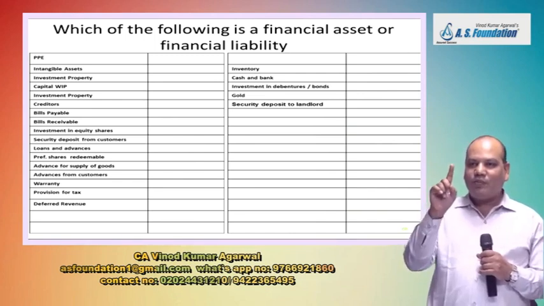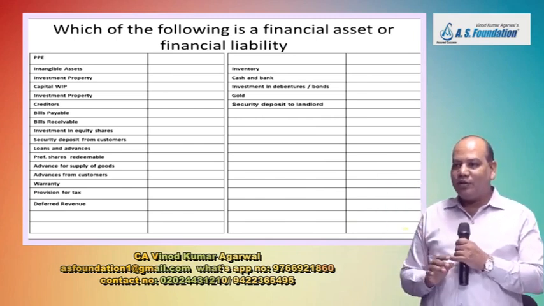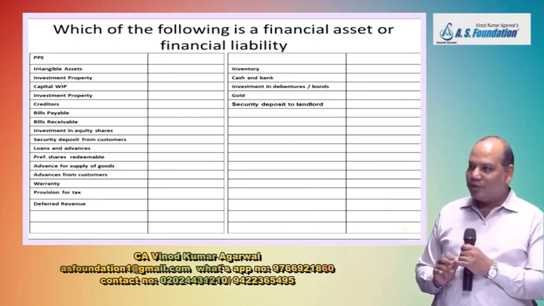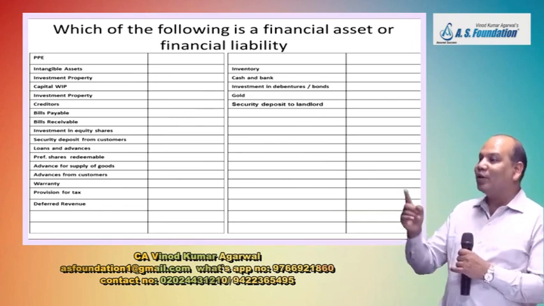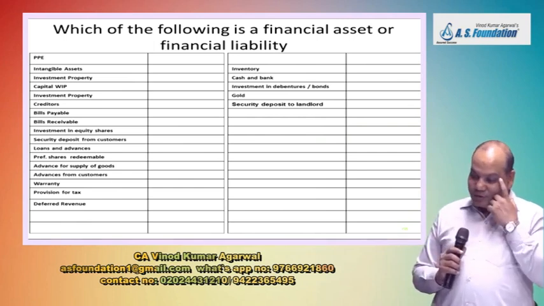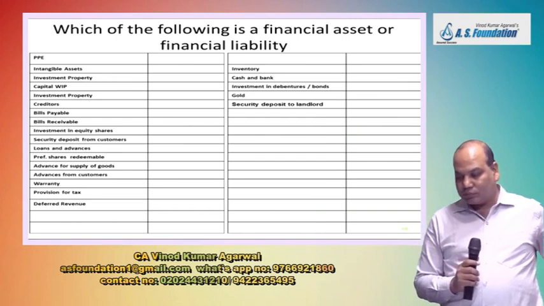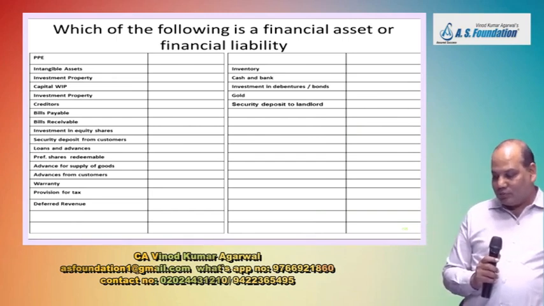So you have to answer financial asset, financial liability, neither financial asset nor financial liability. Okay. So out of the three, one option is correct for each one. There are some 15 or 18 items.